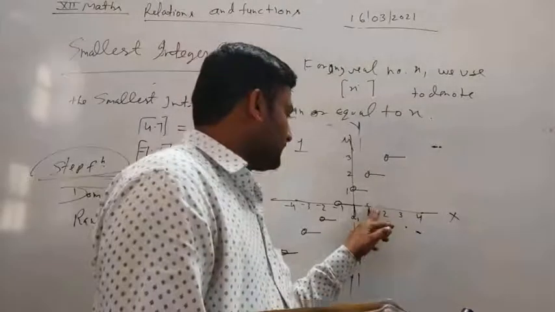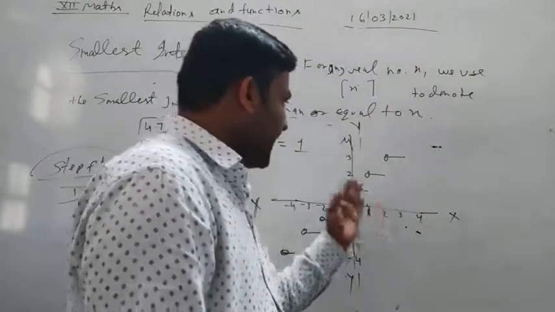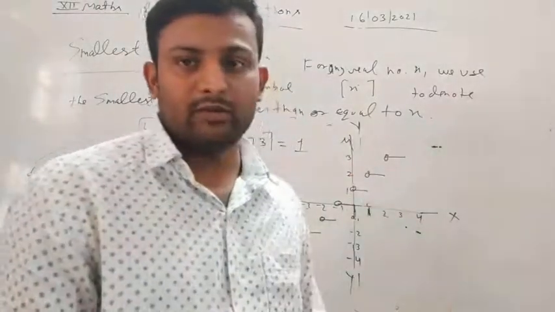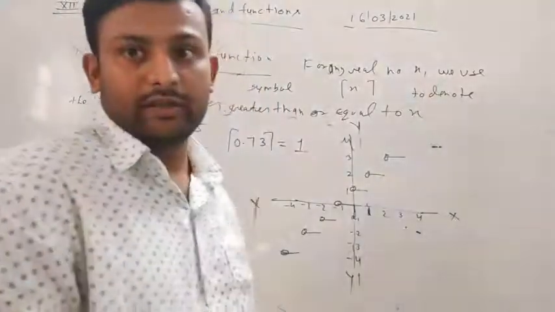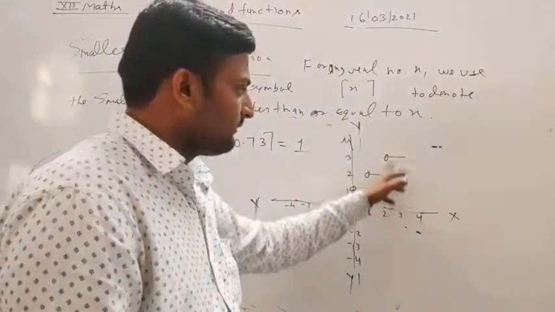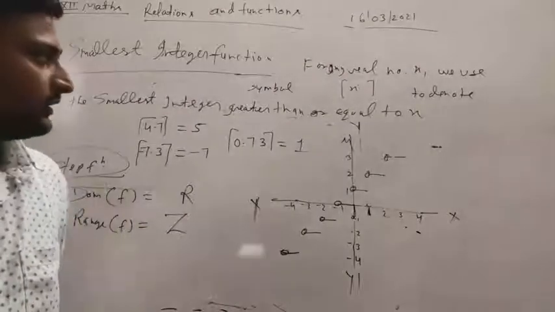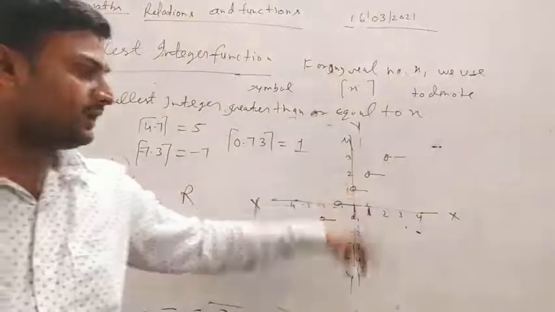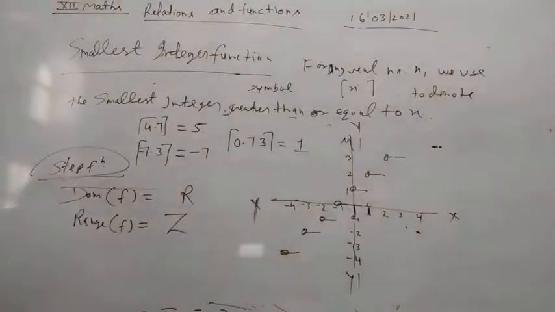So at this it is 2. And as we are increasing 2.1, 2.3, it gives us 3. At 2 it is here, but as we increase to 2.1, we jump up to 3. So this will be the graph of the smallest integer function.